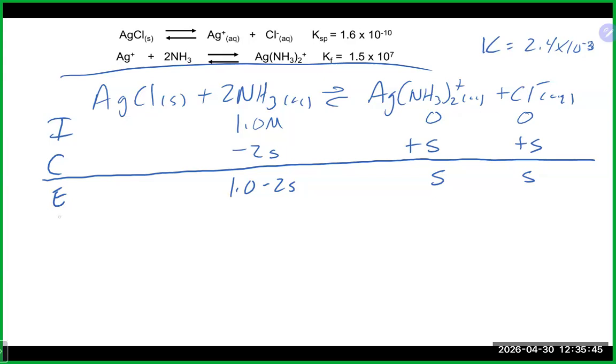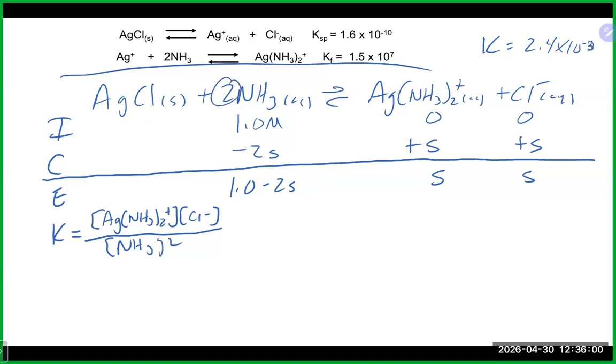This is going to go into our K expression, which for our combined reaction will be our complex ion times our chloride divided by our ammonia. And once again, we do need to square it because of the coefficient here.